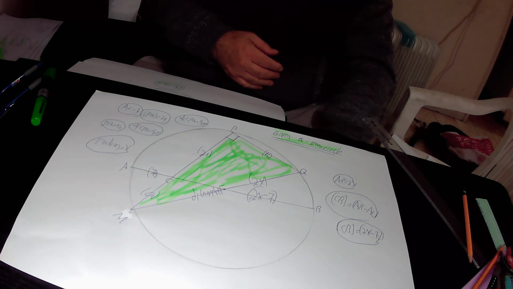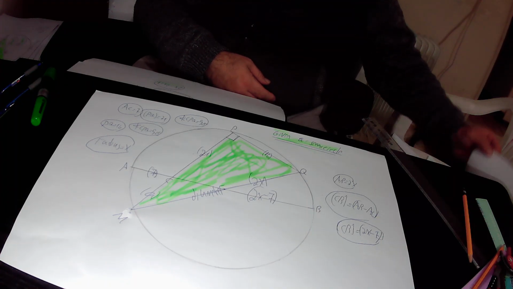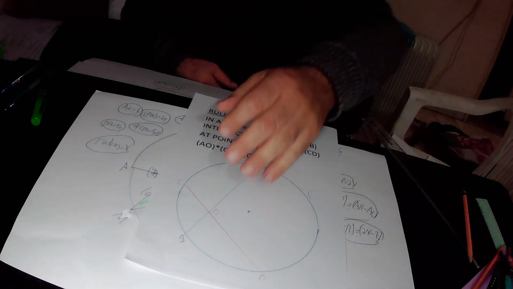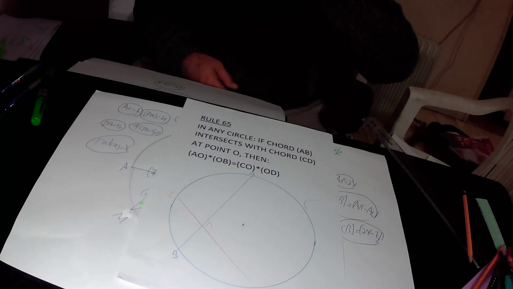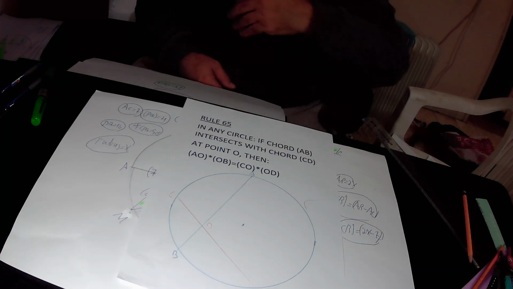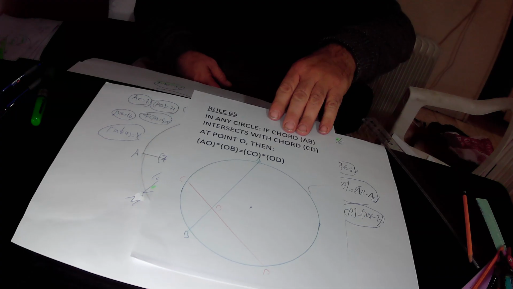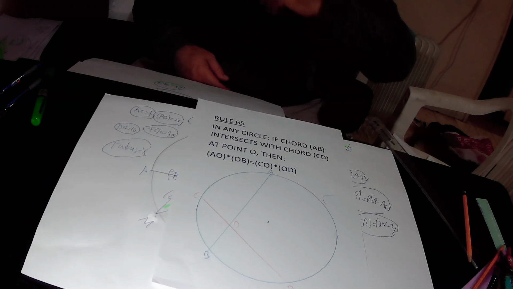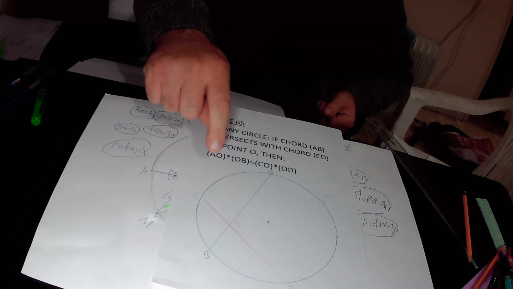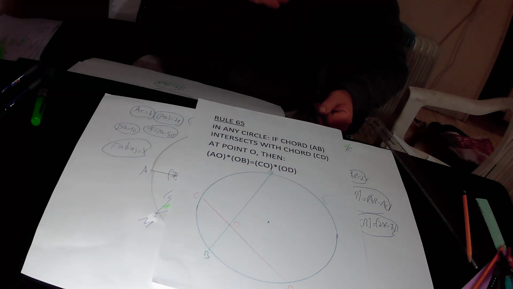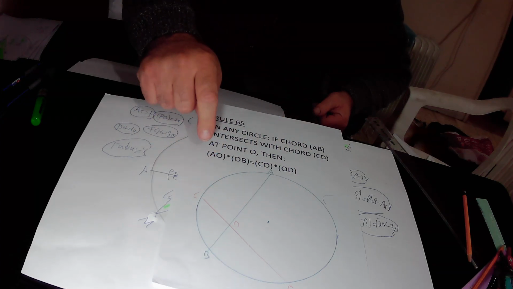So we can implement rule 65. Rule 65 is for any circle, so this circle could be any circle. In any circle, if chord AB intersects with chord CD at point O, then the following equation holds: AO times OB equals CO times OD.